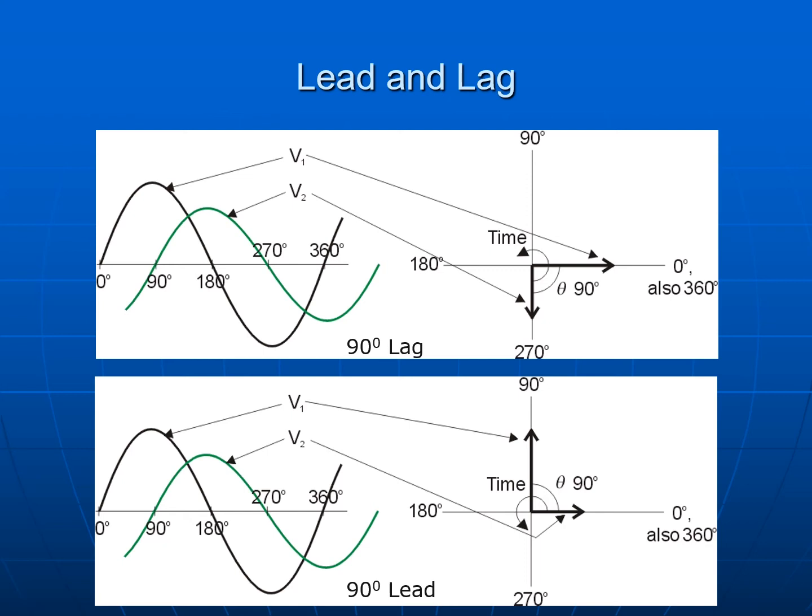So when we look at that on a phasor diagram, we have V1 sitting on our reference line. Therefore, we say that V2 is lagging V1, because if we think about the counterclockwise revolution of my phasor diagram, V1 would cross that zero line before V2 would.